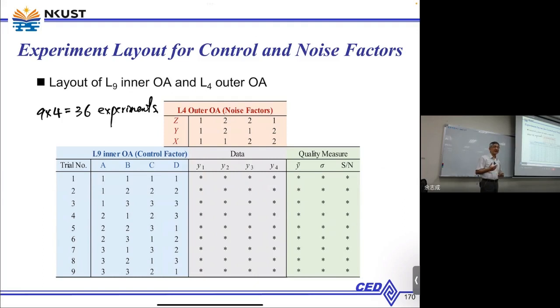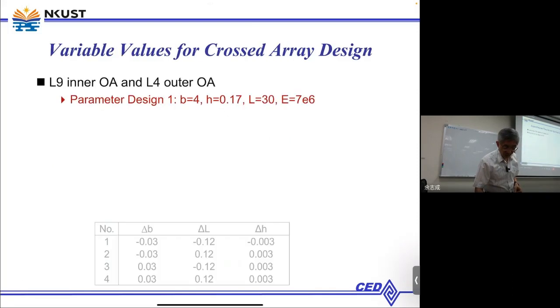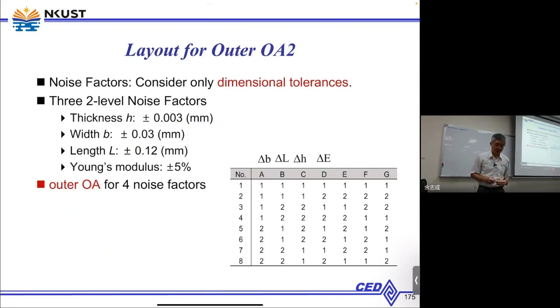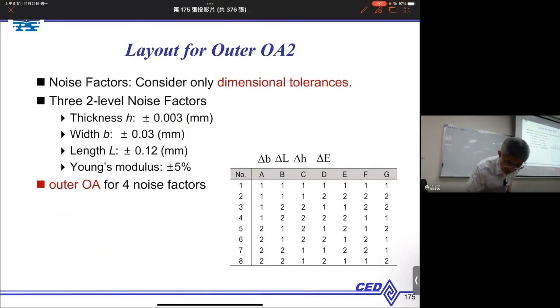However, remember the example I asked you to do during the in-class practice. We tried to consider 4 noise factors. This is another example. We asked you to consider 4 noise factors right here. Still, we have 4 control factors arranged in L9.